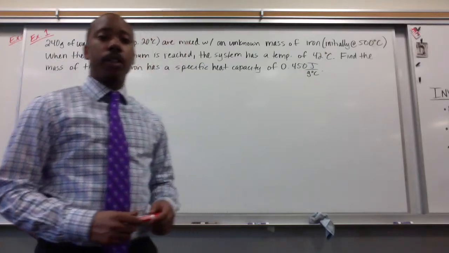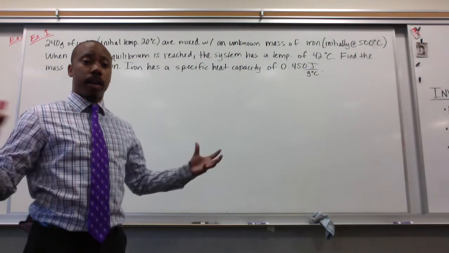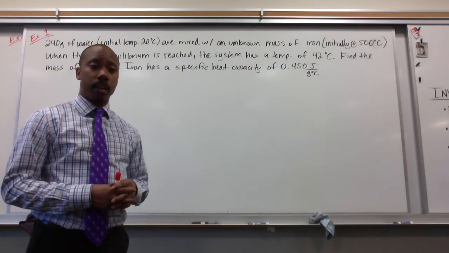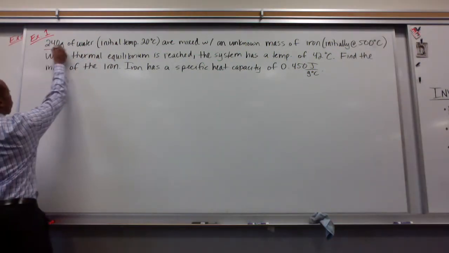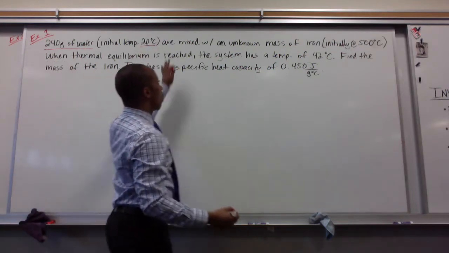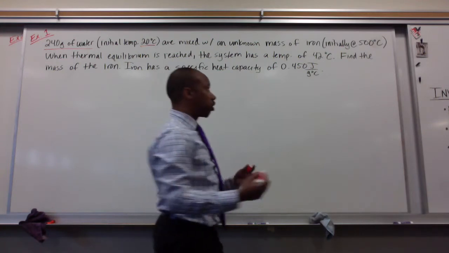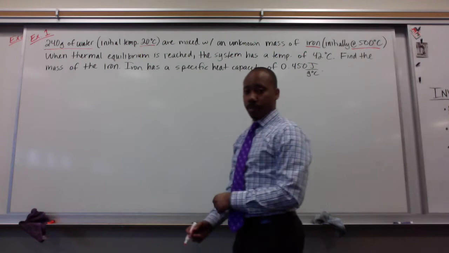Hello gents, now we're going to try and solve some calorimetry problems where two substances are exchanging heat energy. One is losing, one is gaining. Our first example says that 240 grams of water, initially at a temperature of 20 degrees Celsius, are mixed with an unknown mass of iron, which is initially at 500 degrees Celsius.